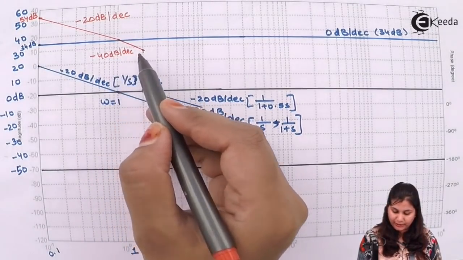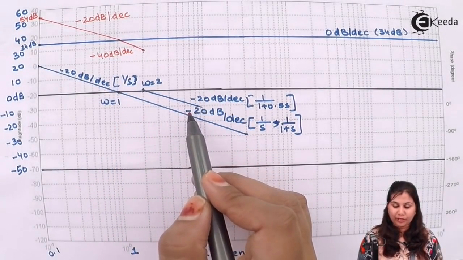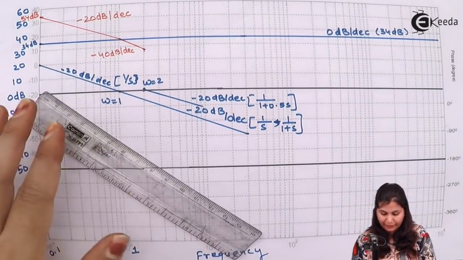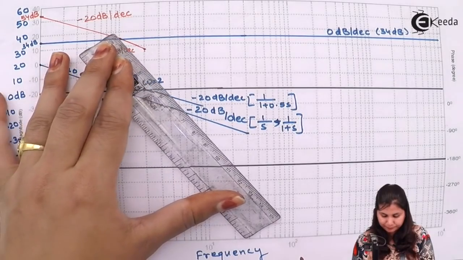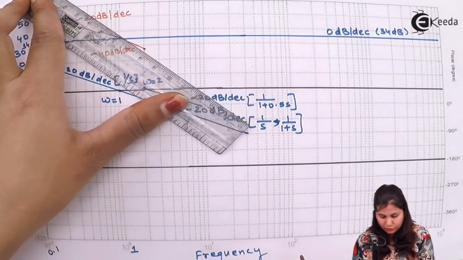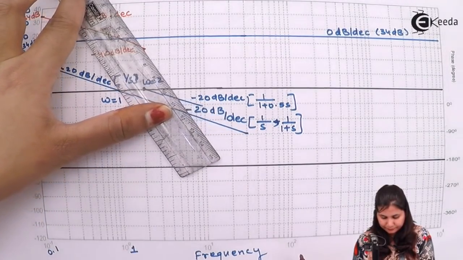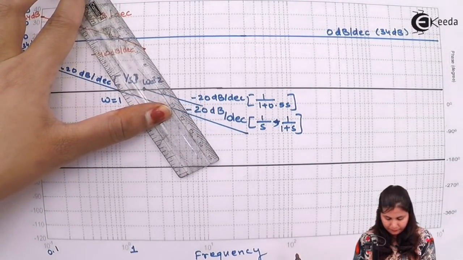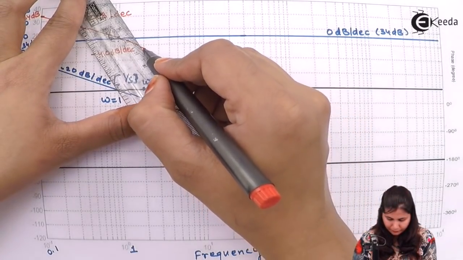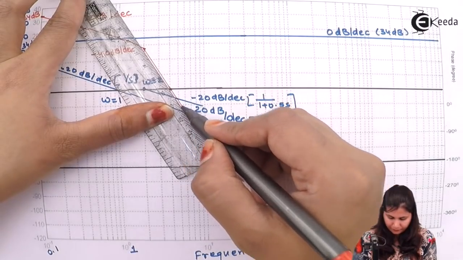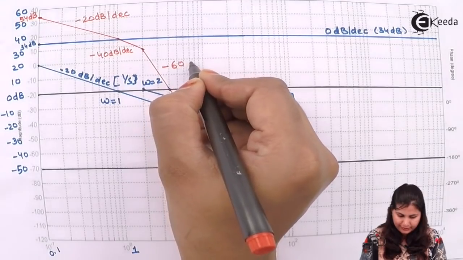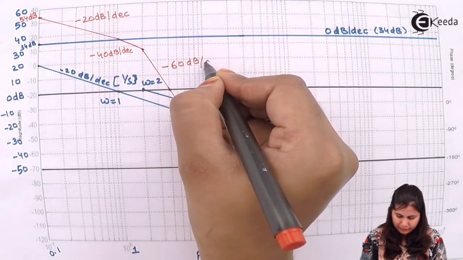So minus 40 plus minus 20 will become minus 60 dBs per decade. This was minus 20, minus 40, so minus 60. So this line is minus 60 dBs per decade.